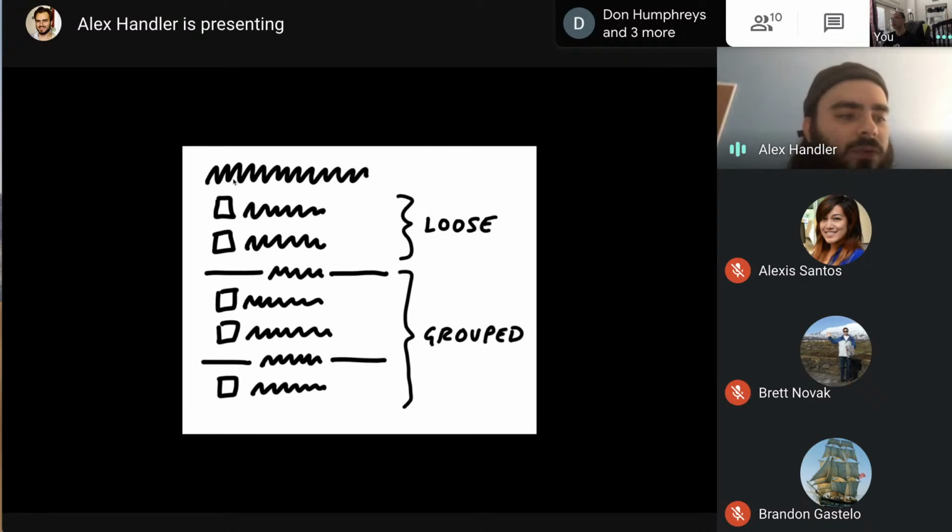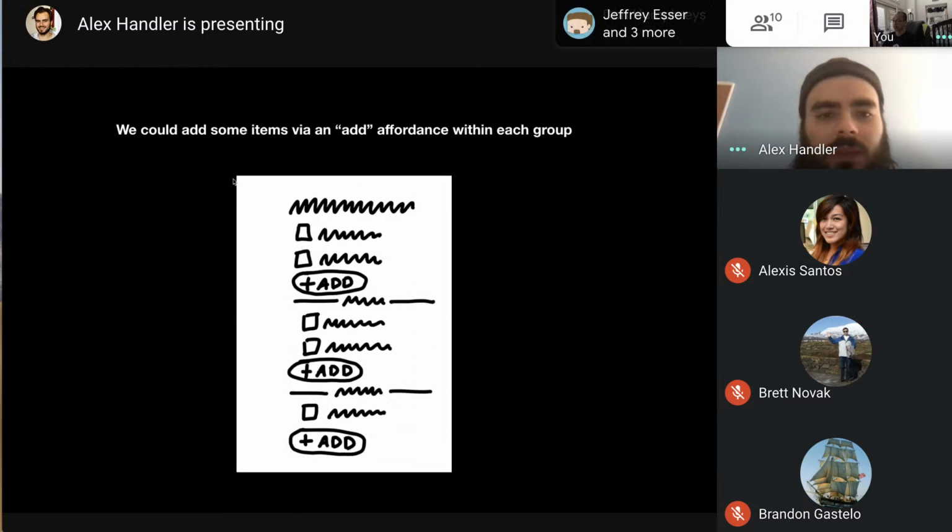It's super, super big, and so they have these loose to-do items up top, which are items that are not part of any group, right? So what makes an item grouped is the divider itself. All the items below that divider are grouped.